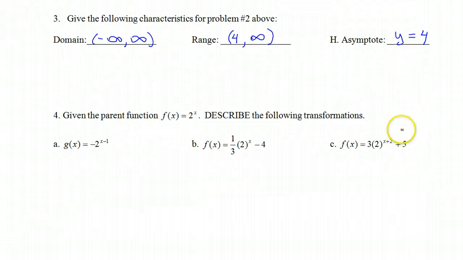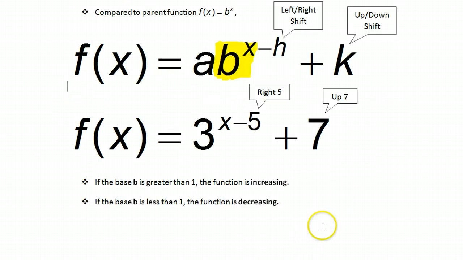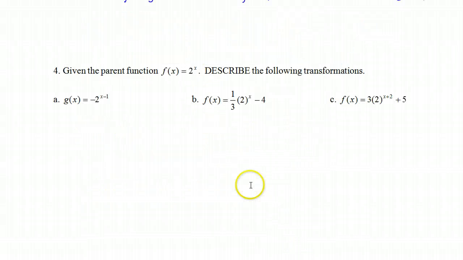Alright, we talked about this a little bit. The one thing I didn't mention when we looked at this page was if the a value is negative, then that would be a reflection over the x-axis, as opposed to not having a negative.